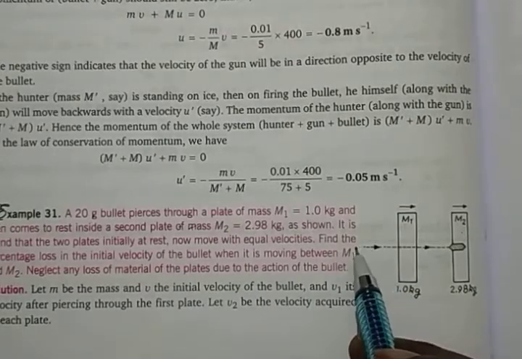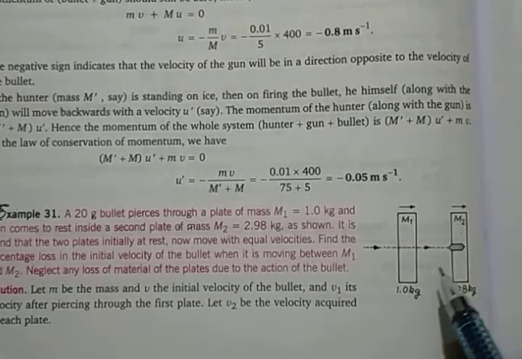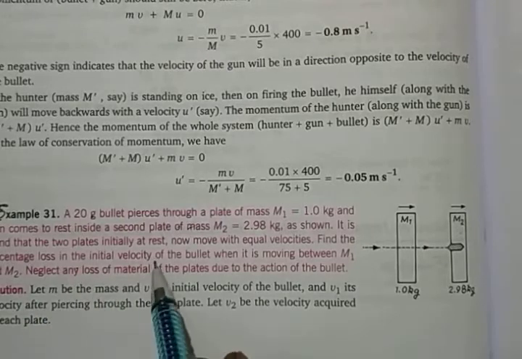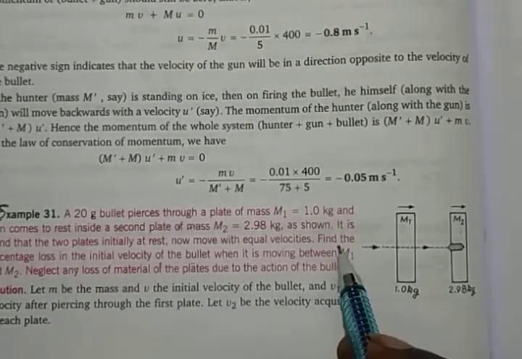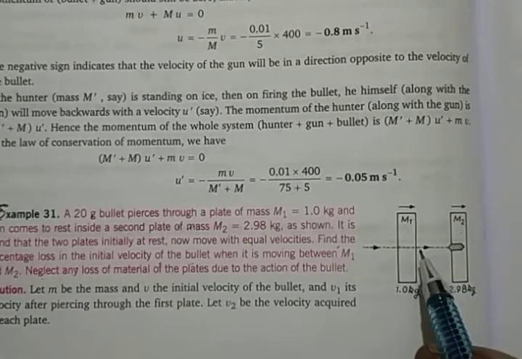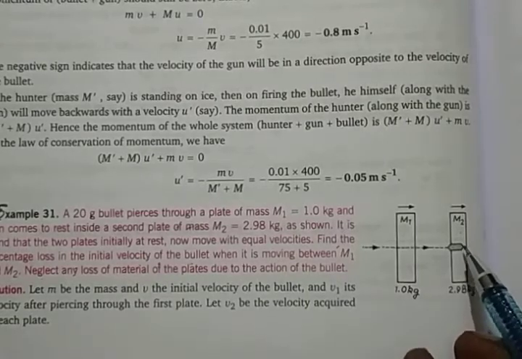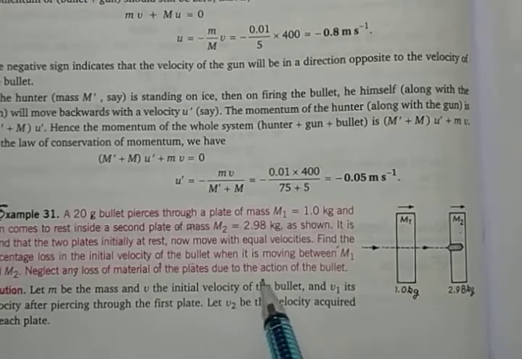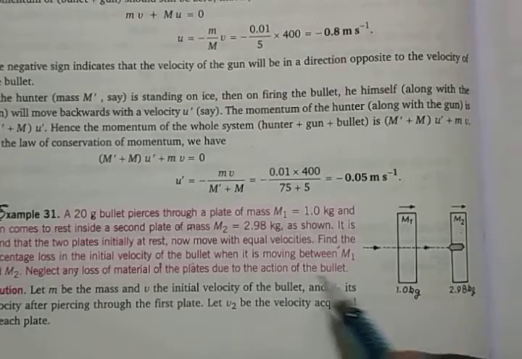Find the percentage loss in the initial velocity of the bullet when it moves from m1 to m2. Because it is going at very high speed and then loses all the velocity and finally gets embedded here. Neglect the loss of material of the plates due to the action of the bullet. So we are not going to take the action-reaction into account. It is just penetrating and going and falling here.